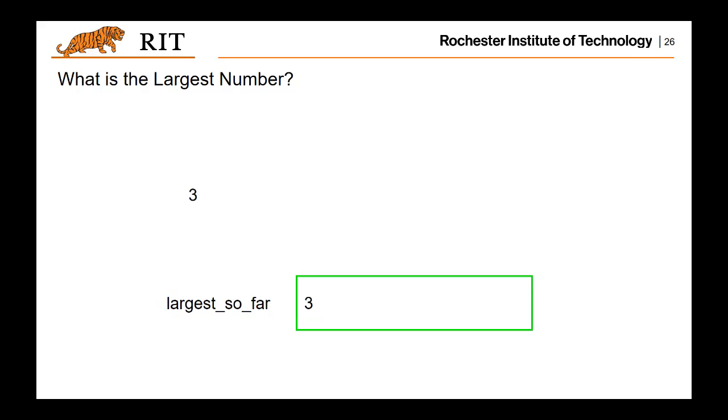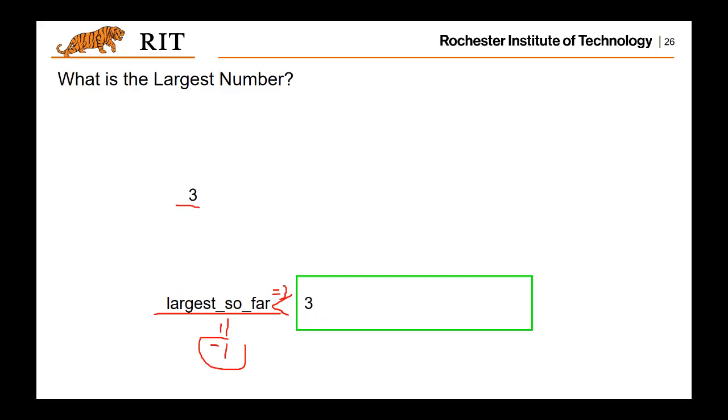So for example, the initial number of this largest so far is -1, right? And the first element inside this array is 3. And we compare this largest so far with 3, because currently it's -1. So obviously this is smaller than 3. And if that is the case, we let this largest so far be 3.